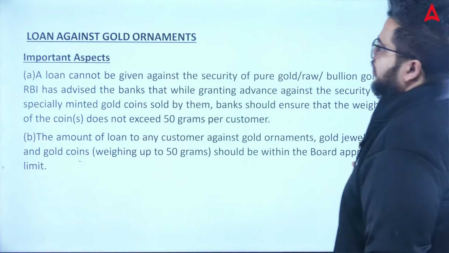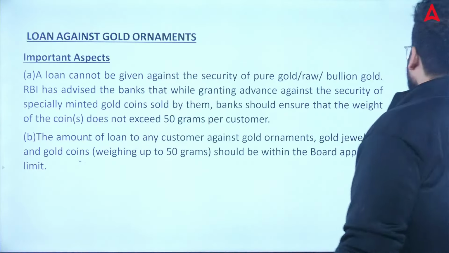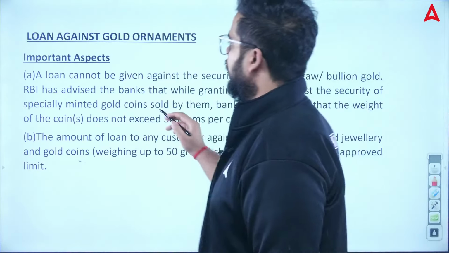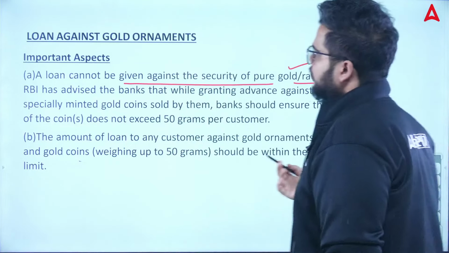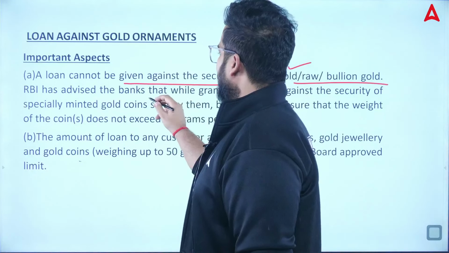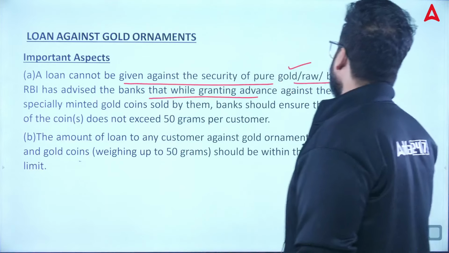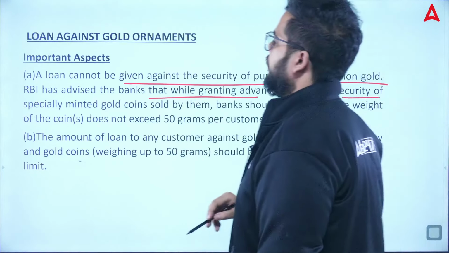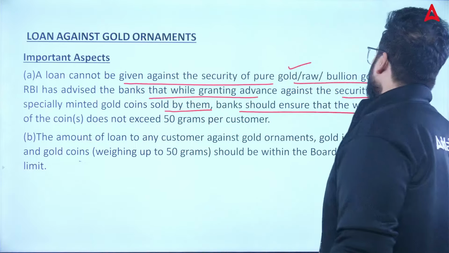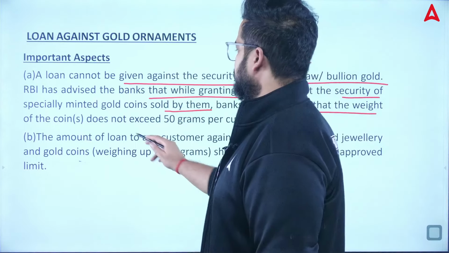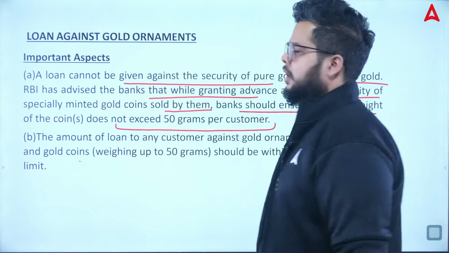Next we have the important aspects based on weights. A loan cannot be given against the security of pure gold, raw or bullion gold. RBI advised the banks that while granting advances against the security of specially minted gold coins sold by them, banks should ensure that the weight of the coins does not exceed 50 grams per customer.